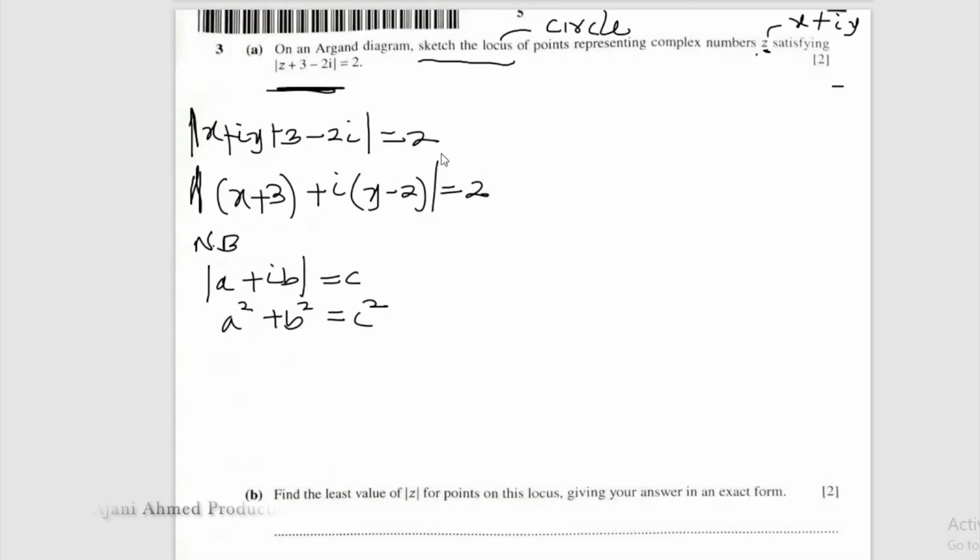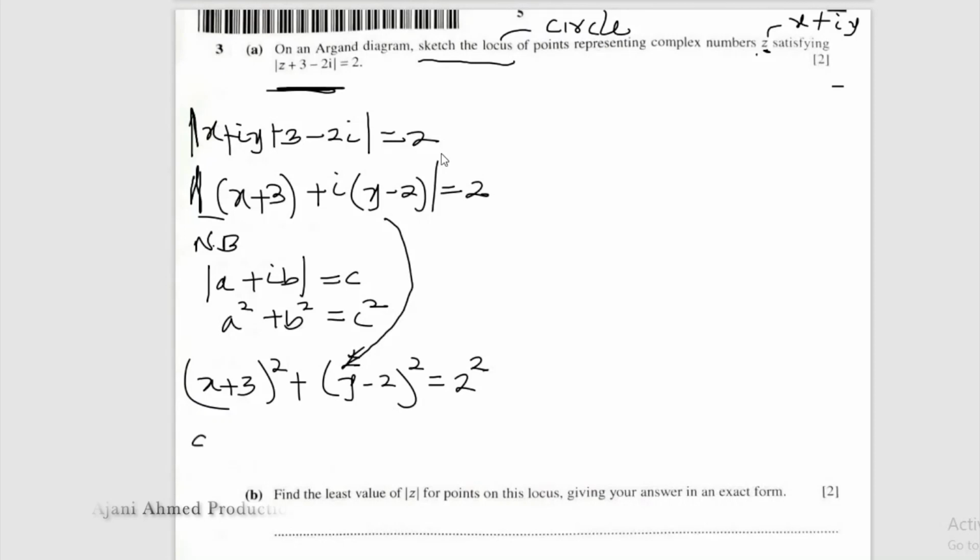So we're going to apply similar stuff to this. This can be written as (x + 3)² + (y − 2)² equal to 2². So now I've finally expressed it as the equation of a circle.